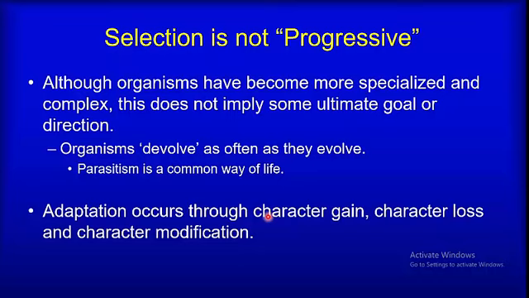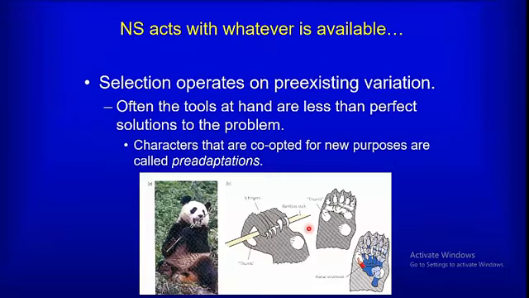That's what I mean over here, that adaptation doesn't always happen through character gain. It can happen through character gain, through a loss of a character, or through the modification of a character to become something else. For example, look at the panda's thumb. We human beings have an opposable thumb, which means that the thumb can come opposite to the 4 digits, which is what allows us to form grips.